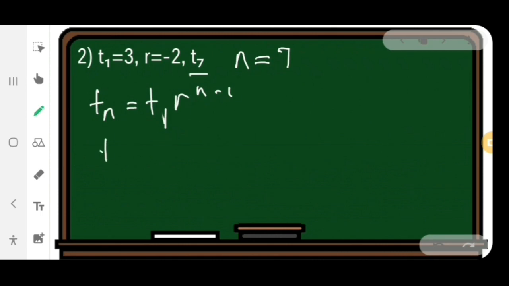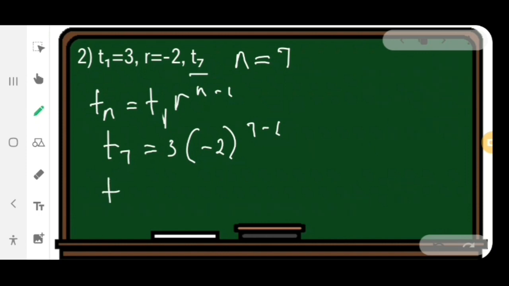So we have t sub 7, because we are looking for t sub 7, is equal to 3 times negative 2 raised to 7 minus 1. So again, we are going to perform the operations in the exponent.